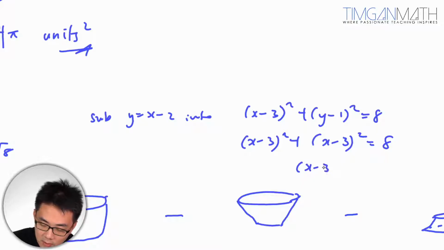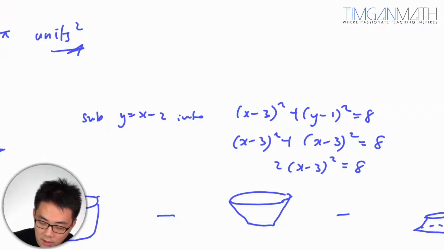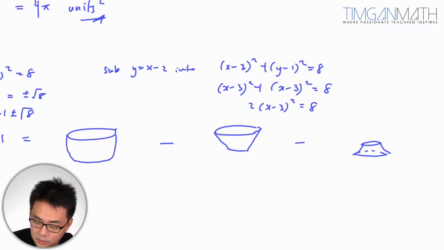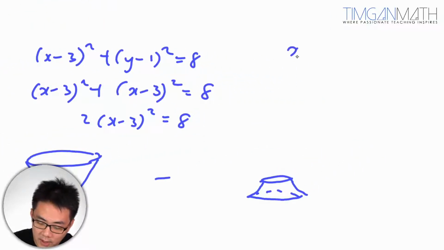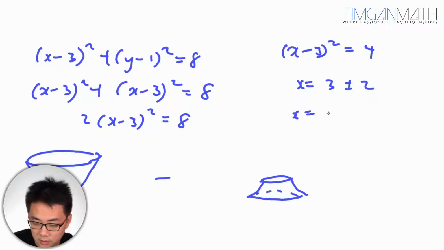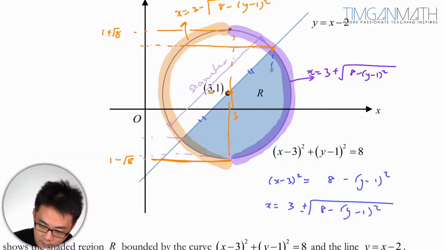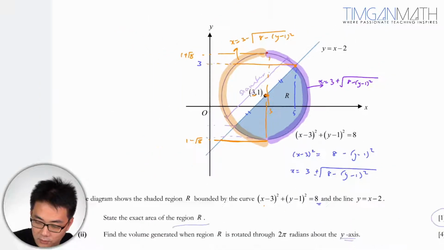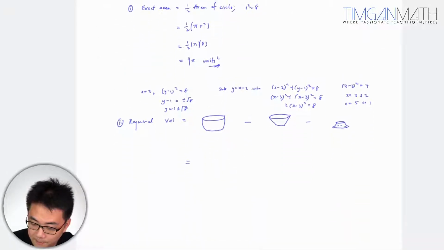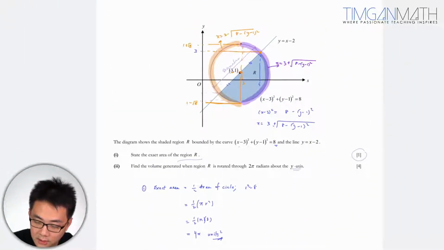This will be 2 times (x minus 3) squared equals 8. Okay, there you go, quite straightforward. So (x minus 3) squared equals 4, x equals 3 plus or minus 2, x equals 5 or 1. So this should be 5. This is 5, and this would be my 3, which is 5 minus 2. Okay, great.